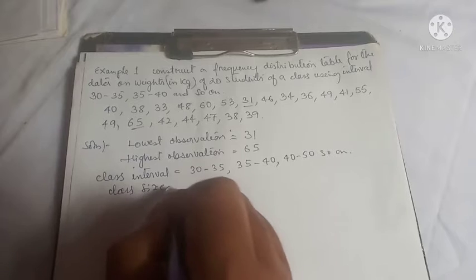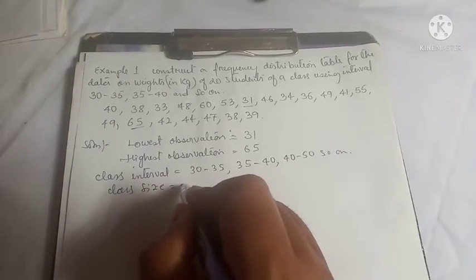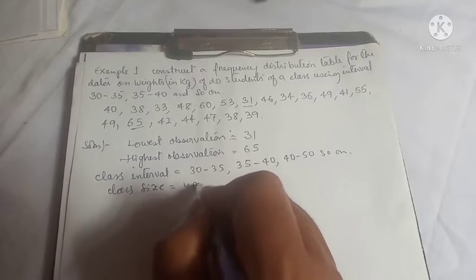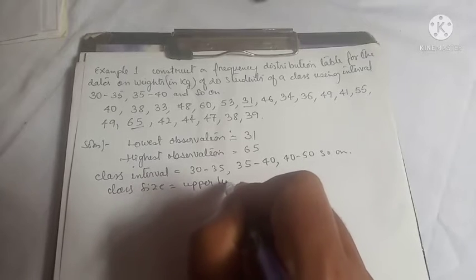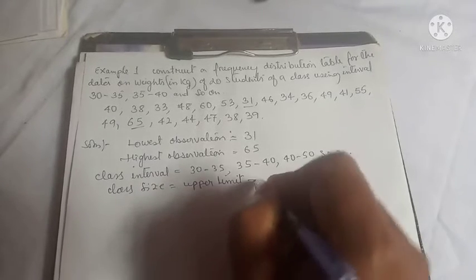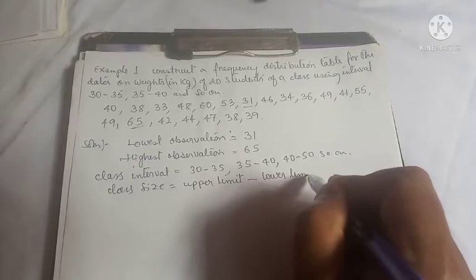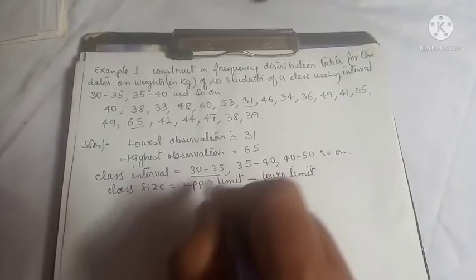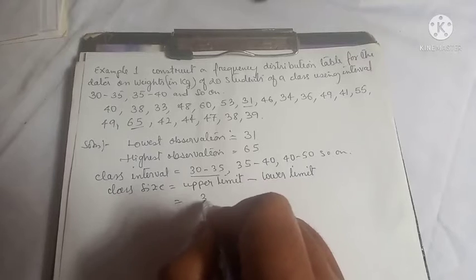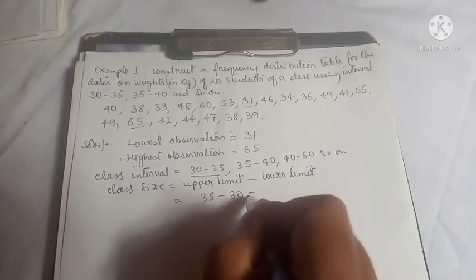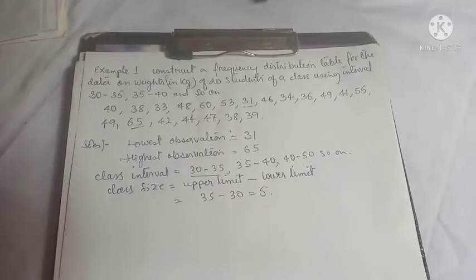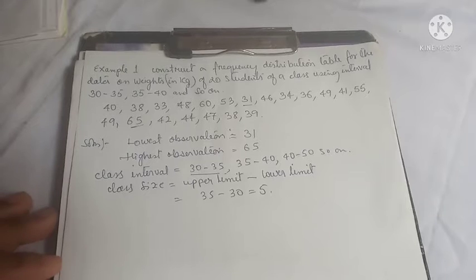What is the size of the class? Class size is the difference between the upper limit minus the lower limit. What is the upper limit here? We can choose only one class, 35 minus 30. The class size will be 5.